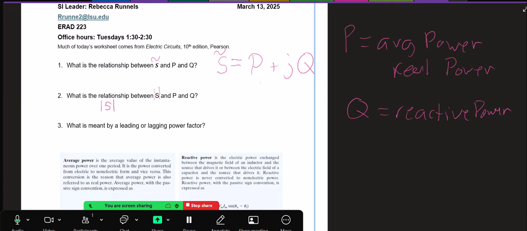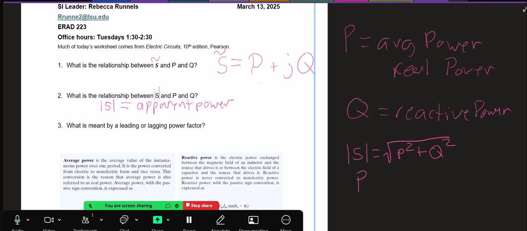So what's the relationship between S and P and Q? So this S is the magnitude of S. It's called the apparent power. And the apparent power is the square root of P squared plus Q squared.